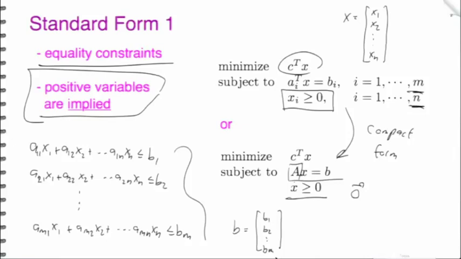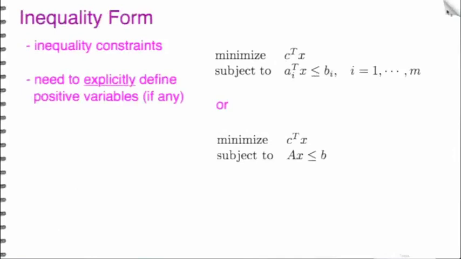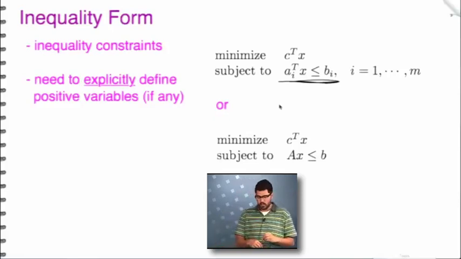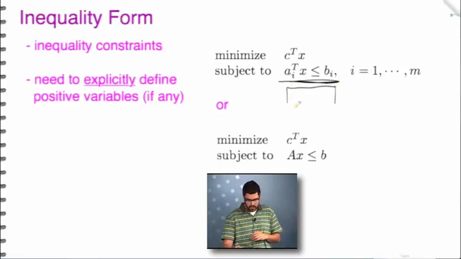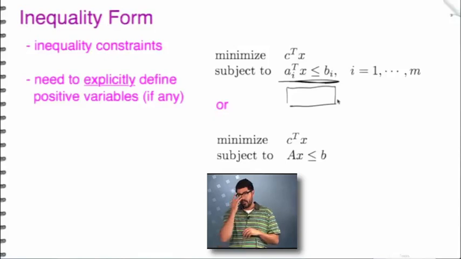Let's look at the inequality form. So it's only slightly different, okay? Well, for one thing, you no longer have equality constraints, you have inequality constraints. And the other piece that is missing is your requirement that your variables are non-negative is no longer part of the form. So for example, in this form, the variables could be negative. That's fine.